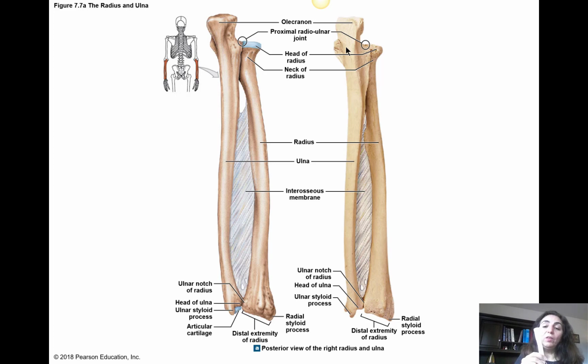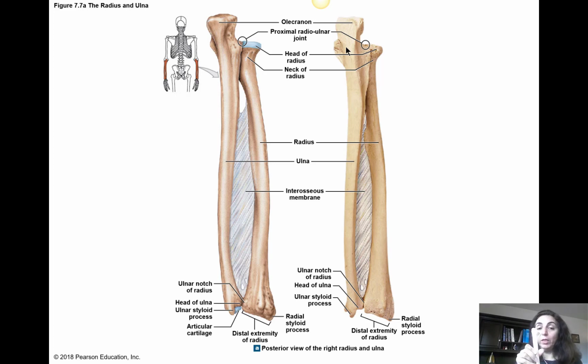Now, can you tell me which side of the ulna you have the radial notch? Is it the medial side or lateral side? Considering the fact that the radius is attaching here. Let me ask it this way, which side of the ulna is the lateral side?